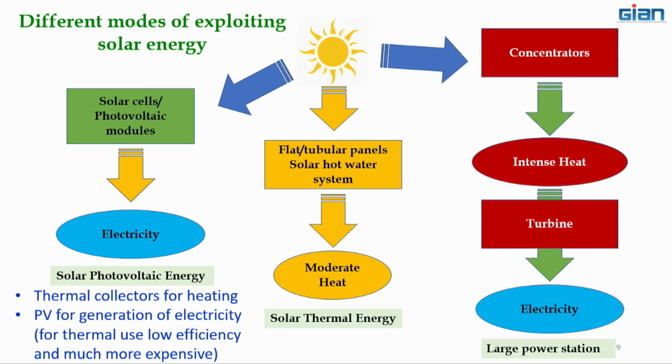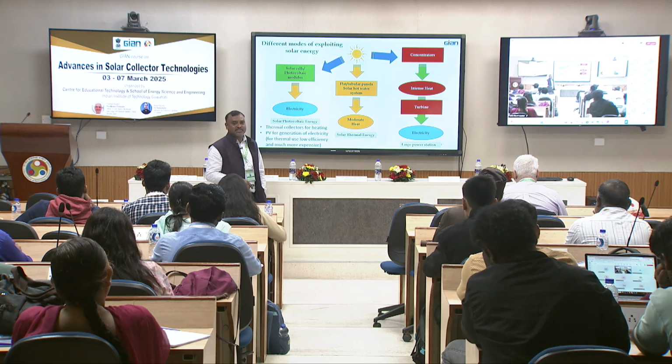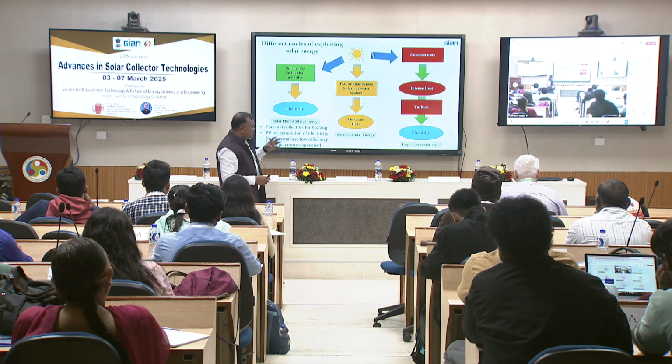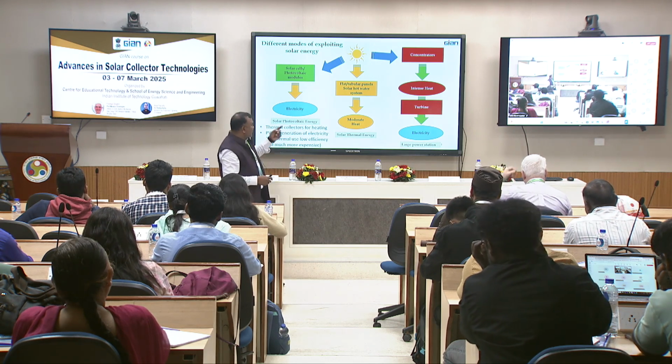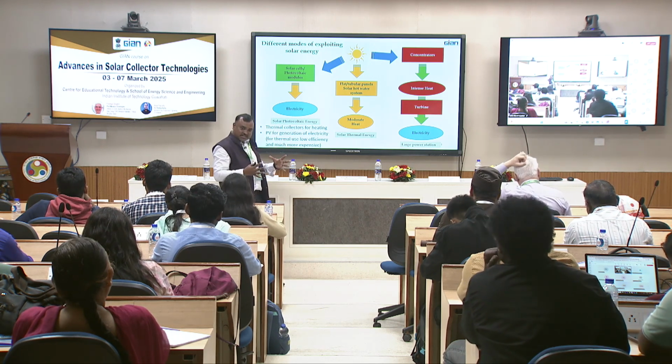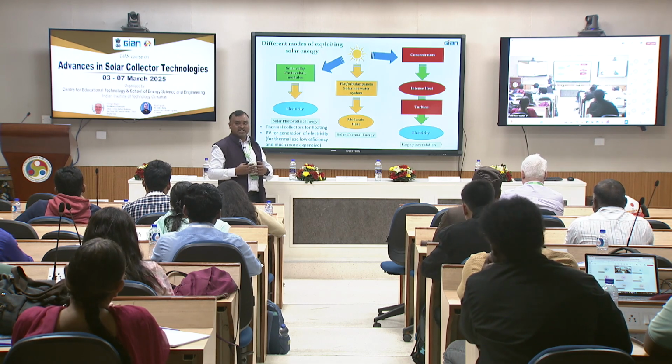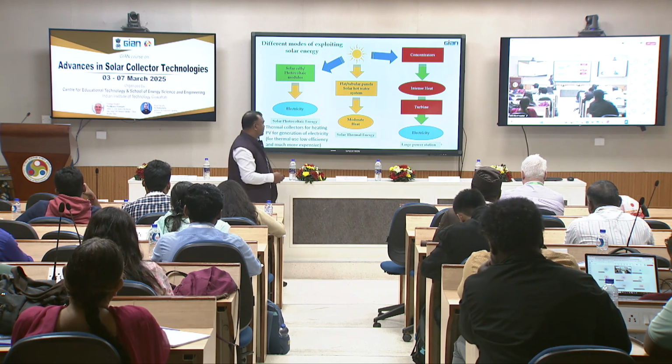Also we can use it for electricity production if we have some kind of device which concentrates the solar radiation, and this is also the thermal route. Okay, you just intensify the solar radiation, then you generate heat, then you exchange that heat with the working fluid, and then you use a conventional Rankine cycle and produce electricity, right?